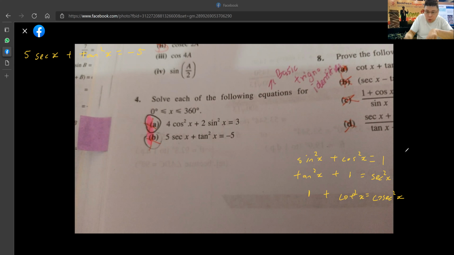So you have your tangent square x will then be equal to secant square x minus 1. So I can substitute away my tangent square x with secant square x. So your tangent square x, you can substitute with secant square x minus 1.